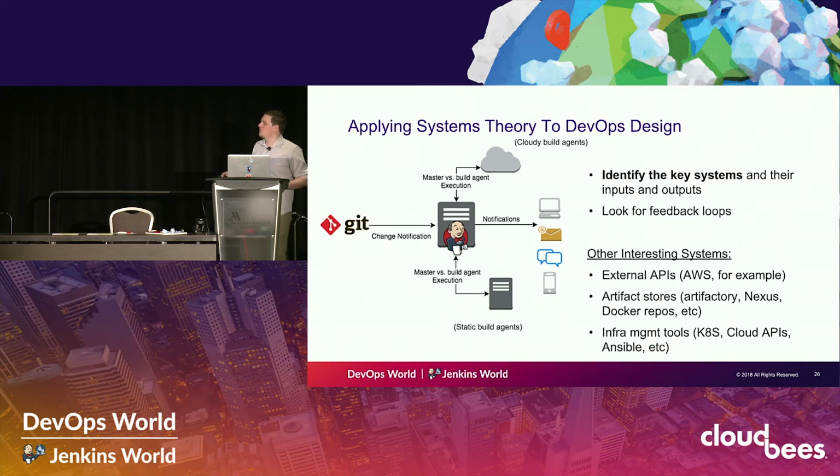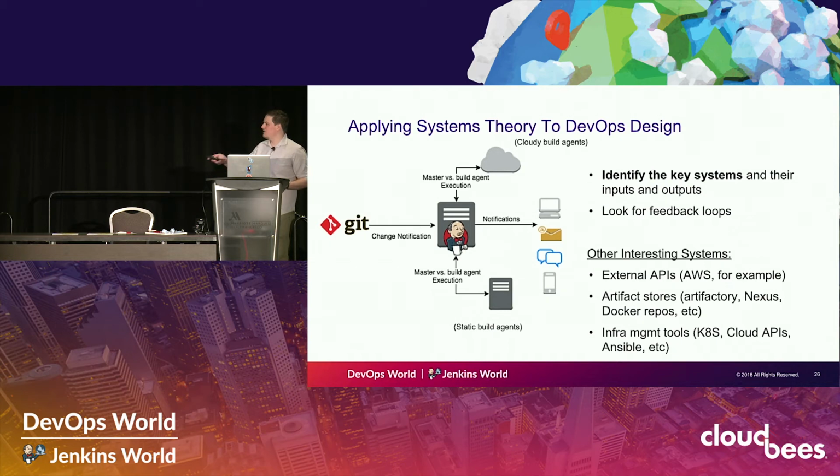You've got static build agents doing certain kinds of specialized workloads, notifications going to external systems, and other things I don't have in this diagram because it would make it too busy, but communicating to things like your artifact repo, AWS, Azure, GKE, APIs, whatever SaaS solutions you're using, these are all things that interact.